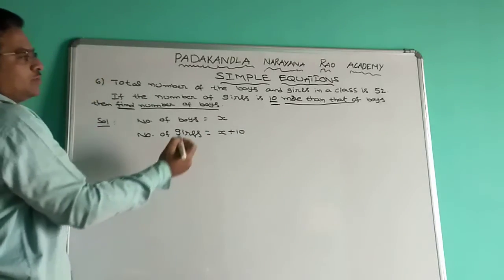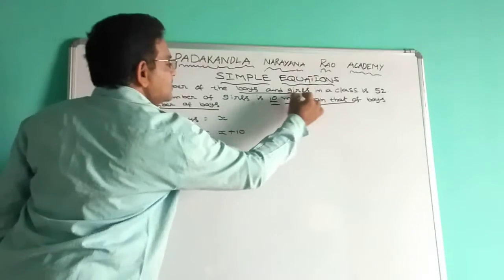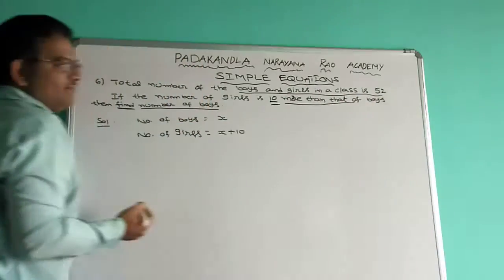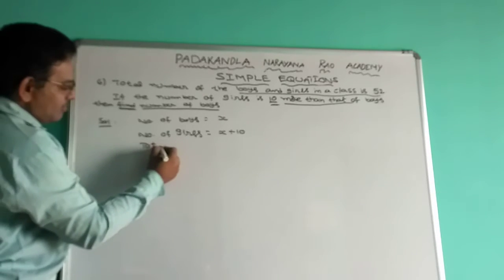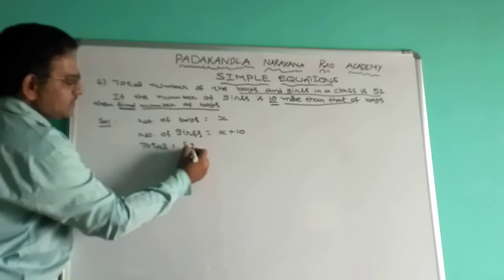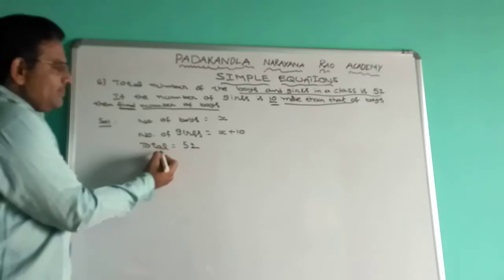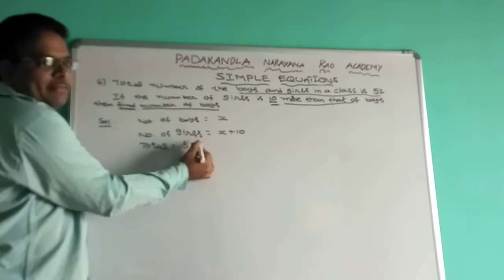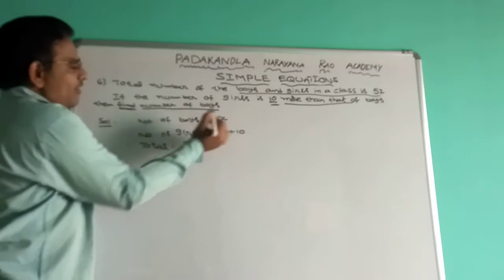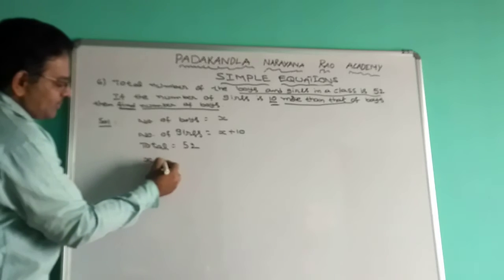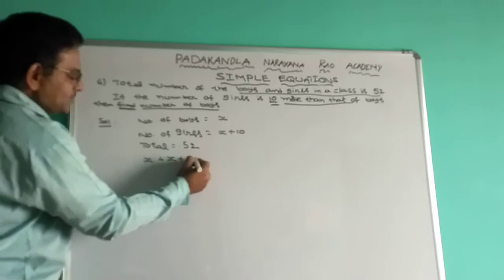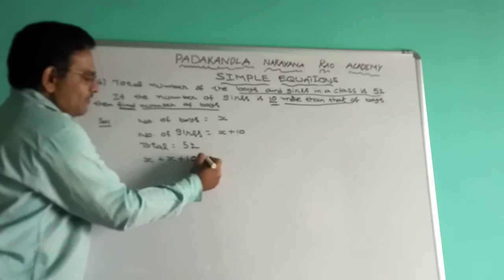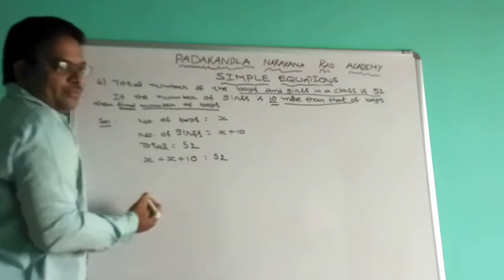In a classroom, total strength of boys and girls is 52. Total means the number of boys plus the number of girls. Number of boys is x plus number of girls x + 10. Total you consider 52.